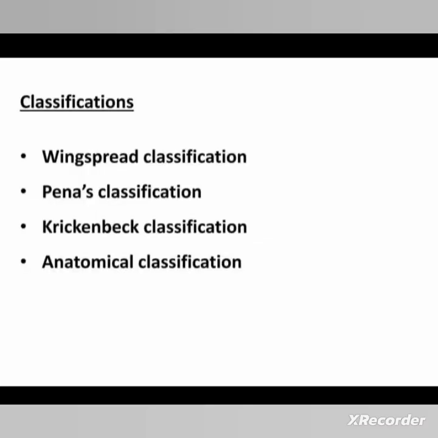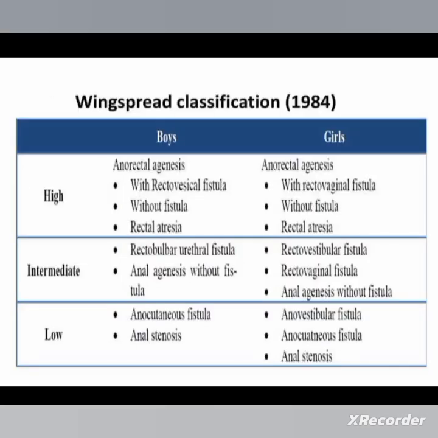There are different classifications for ARM that include the Wingspread classification, Pena's classification, Krickenbeck classification, and anatomical classification. Here, the Wingspread classification is commonly used. In the Wingspread classification, it is divided into high ARM, intermediate ARM, and low ARM.